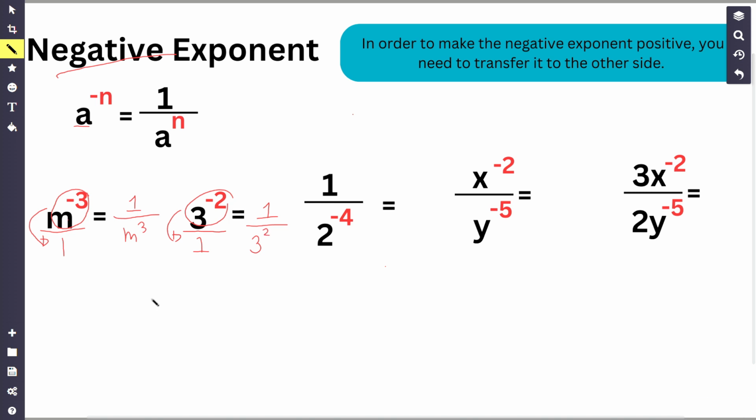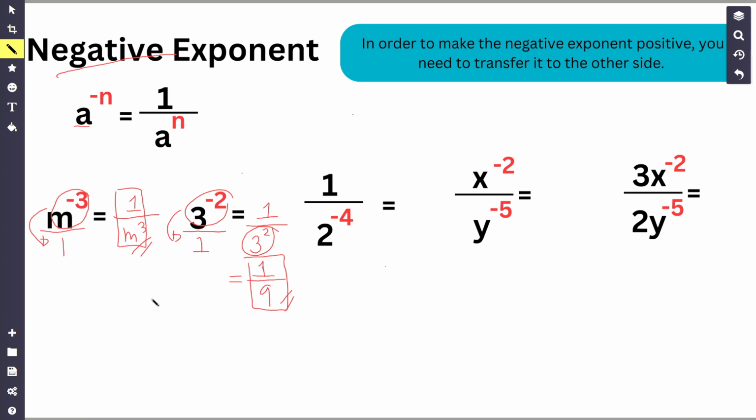Same thing with the first example. However, please take note that 3 raised to 2 can still be simplified, and this will be equal to 1 over 9. And this is our answer for the second example.